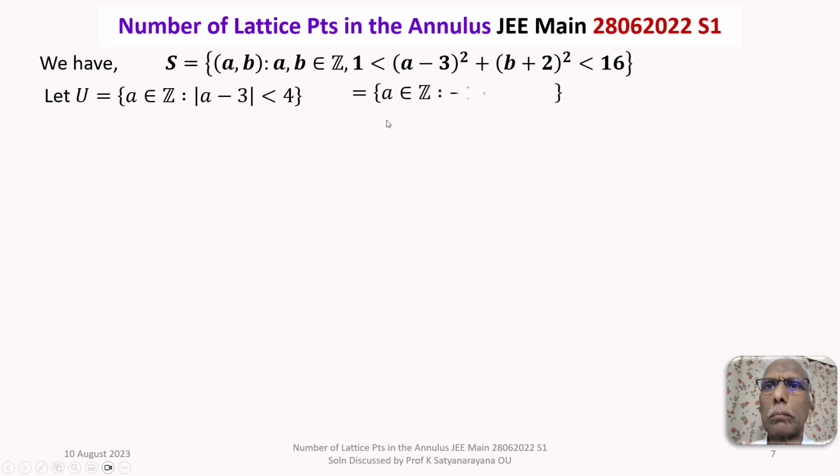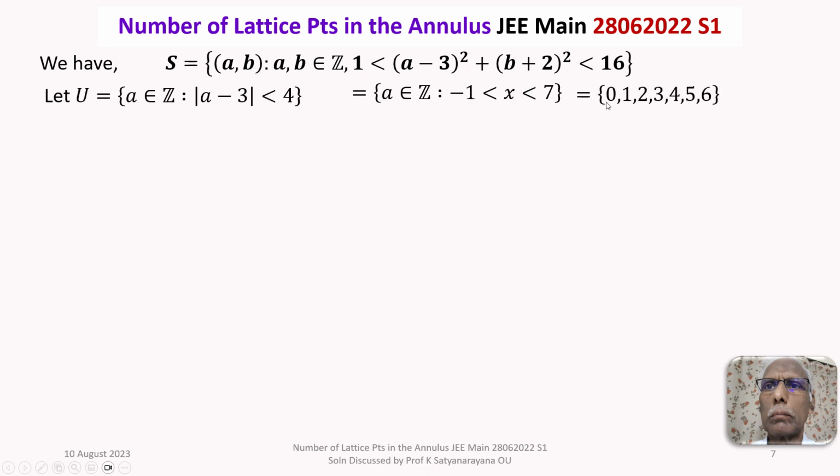So a belongs to Z, and when simplified, you will get -1 < x < 7. These are the integers lying between -1 and 7, but not -1 and 7. Who are they? That we will do in the next steps.